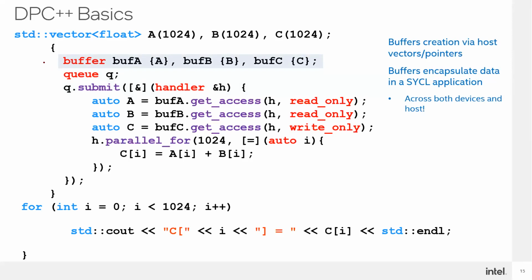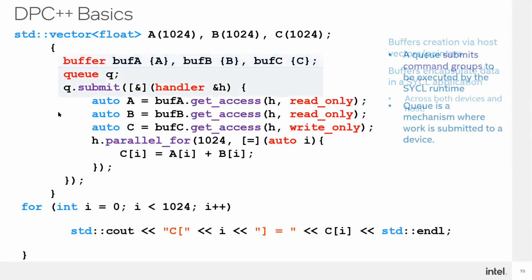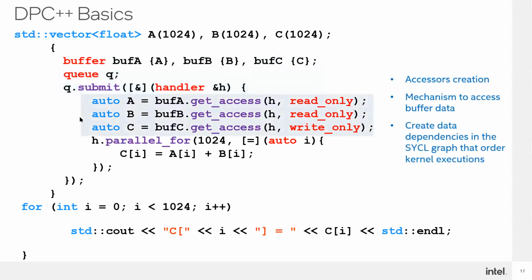Once you destruct the buffer class, you can operate with the original arrays, vectors or any data you are using. This is an important note. As I said, we are separating the storage of the data and access to the data, and this gives us a very nice feature: it allows the runtime to take care of possible data races and data dependencies between kernels and between command groups.